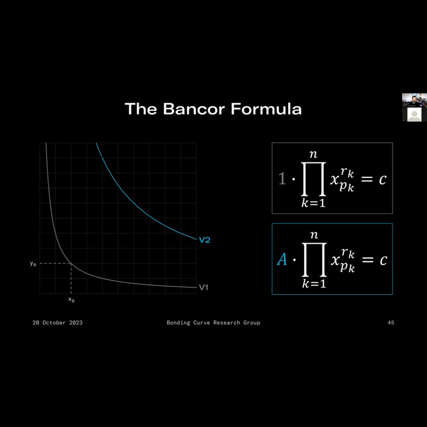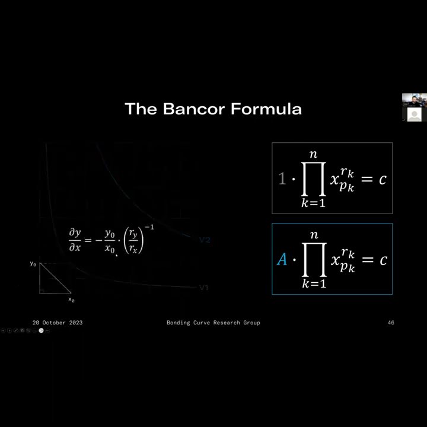Now, remember, if we're in the V1 context, we know precisely what the marginal exchange rate is between these two tokens here, right? Or if you like, just what the first derivative of that bonding curve is. And I do encourage you, if you haven't already, to derive this for yourself. But it's essentially always going to be negative y0 over x0 in this particular case, multiplied by the reciprocal of the ratio of their reserve weights.